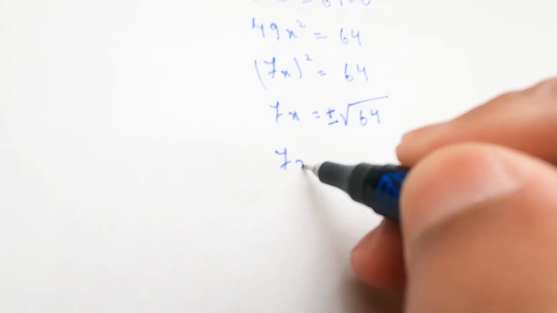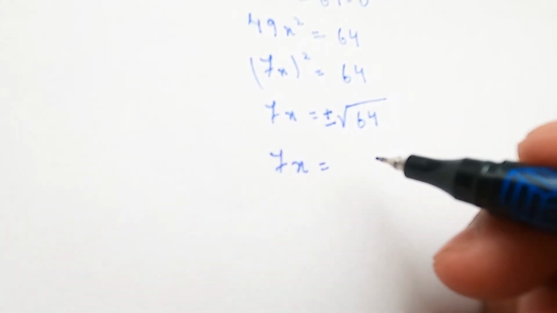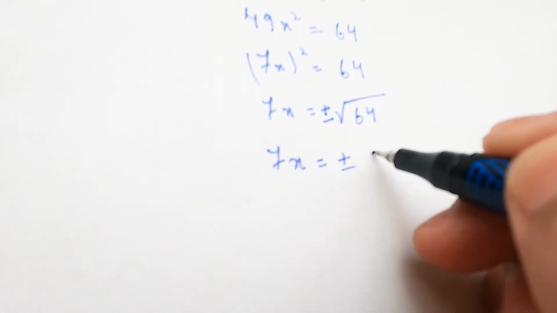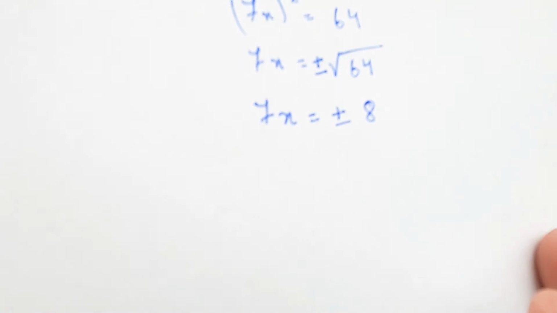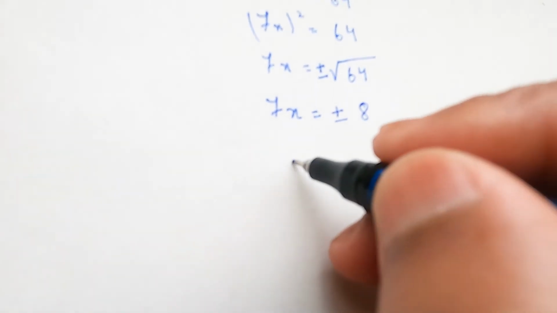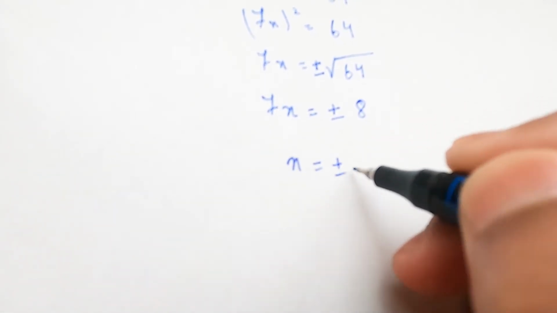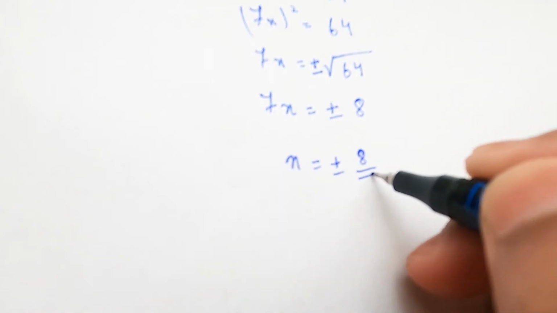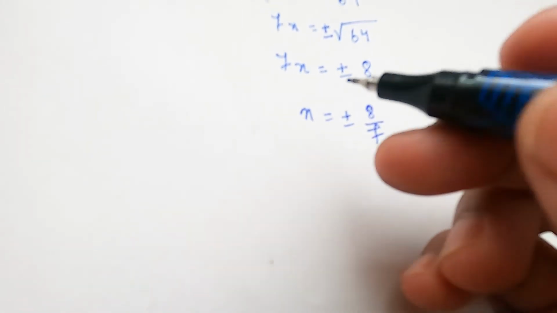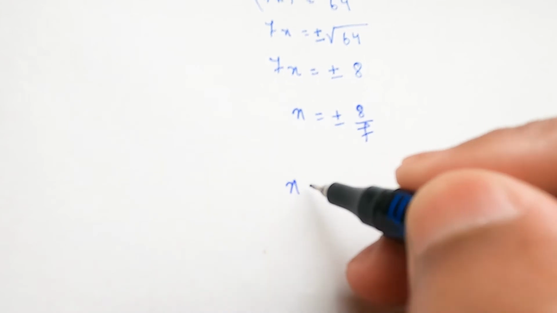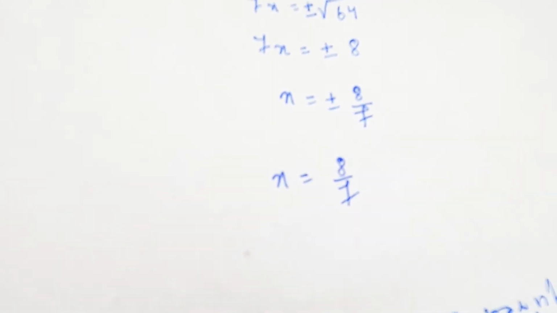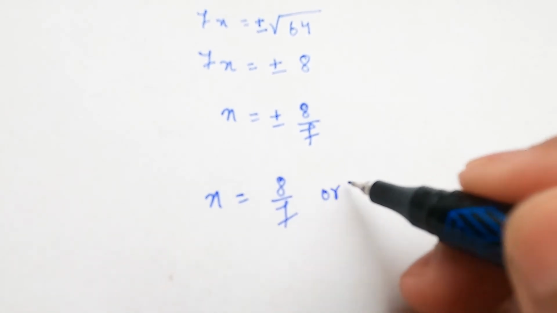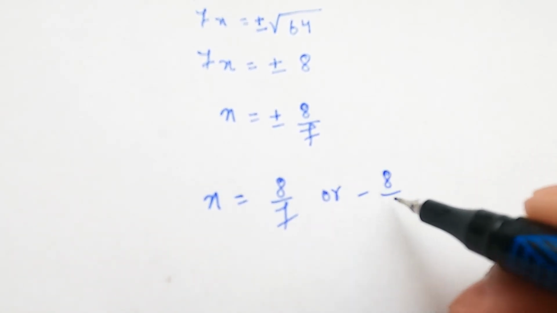So it will be 7x is equal to plus minus 8, because the square root of 64 will be 8. All right, so in this case x is equal to plus minus 8 by 7, which implies that the value of x will be 8 by 7 or minus 8 by 7.